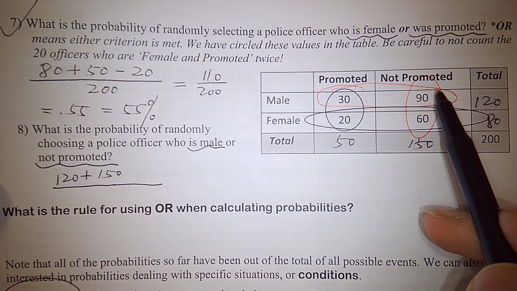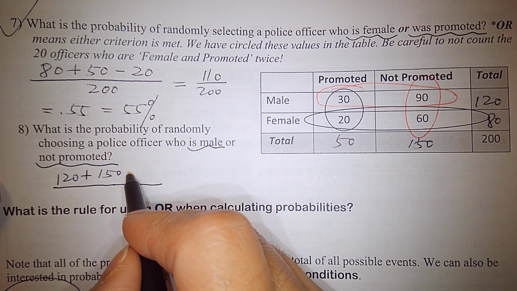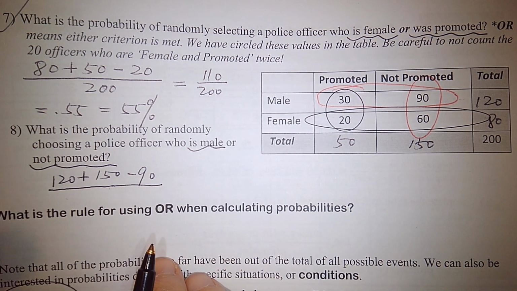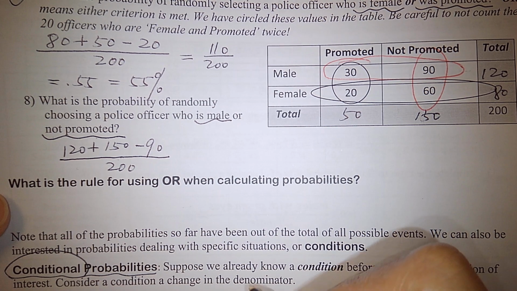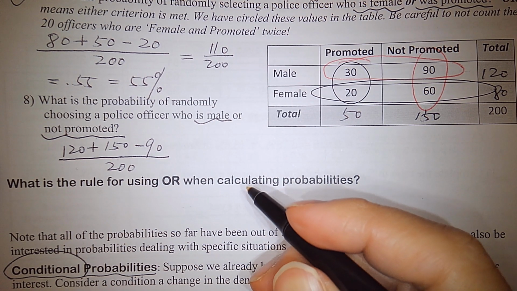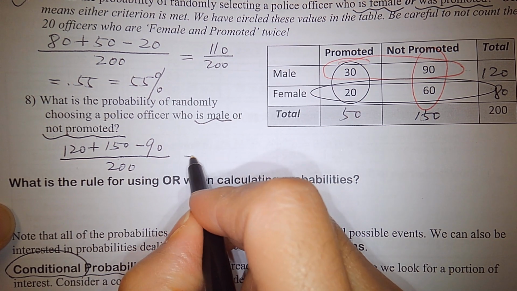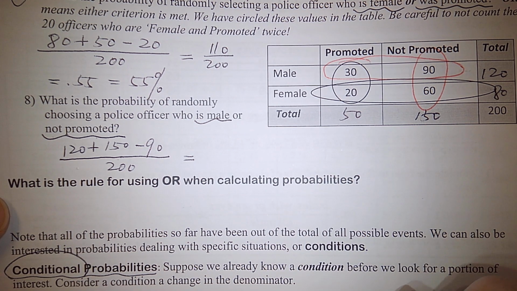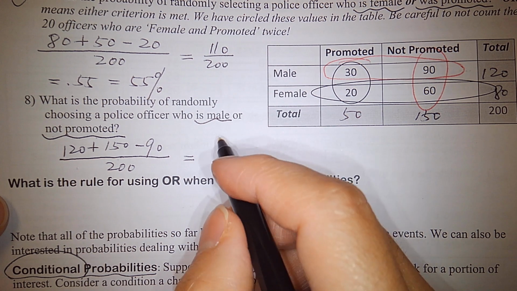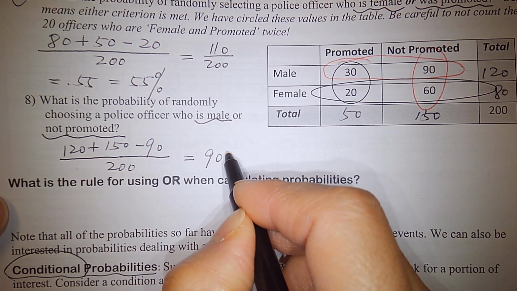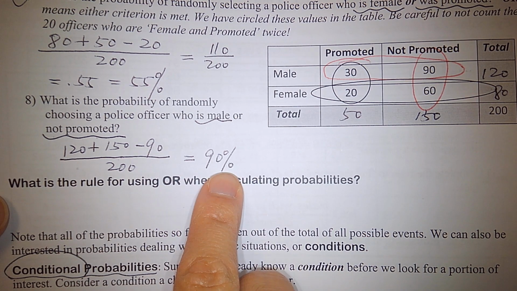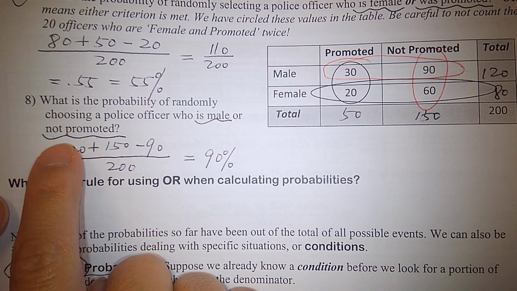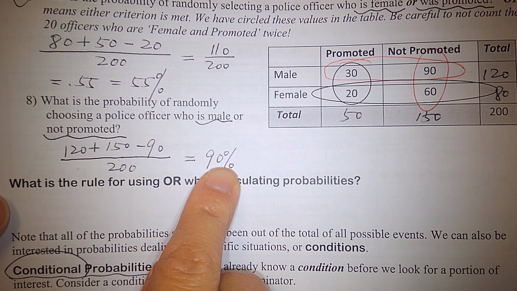So we're going to subtract this 90 because it's overcounted, and then divide by what? 200 police officers, right? Alright, so let's see, what is the percent? 90%, okay. 90% of police officers are either male or not promoted.